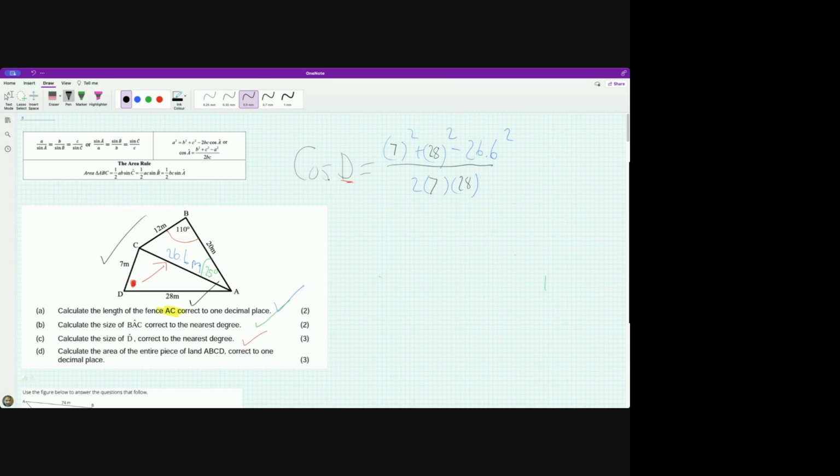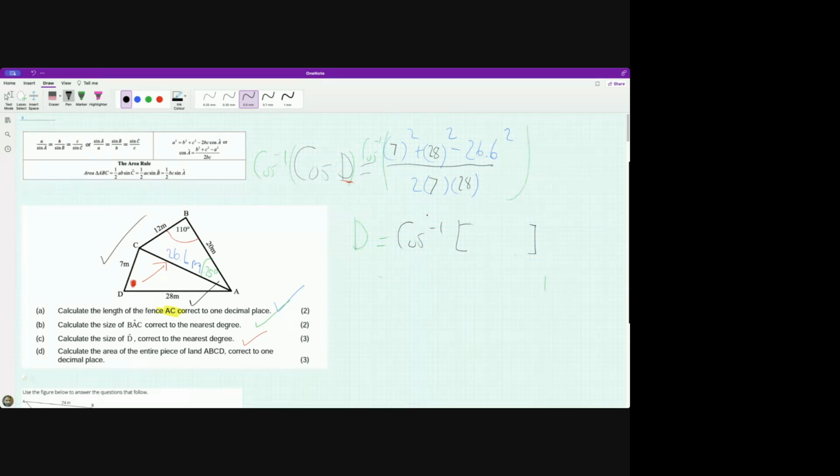And to get just D, I have to use inverse cos. If I do it to the one side, I also need to do it to the other side. So D is going to be equal to inverse cos of that whole thing above. Let's put that into a calculator and see what we get.